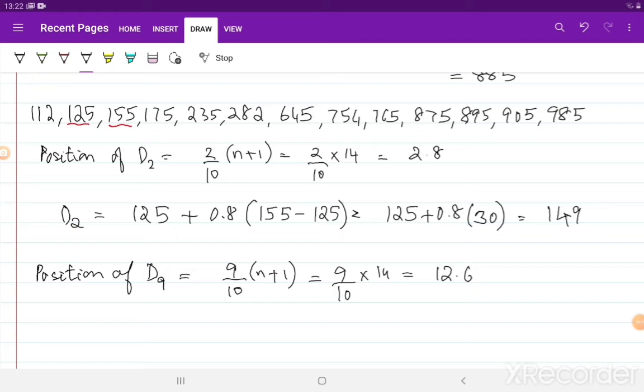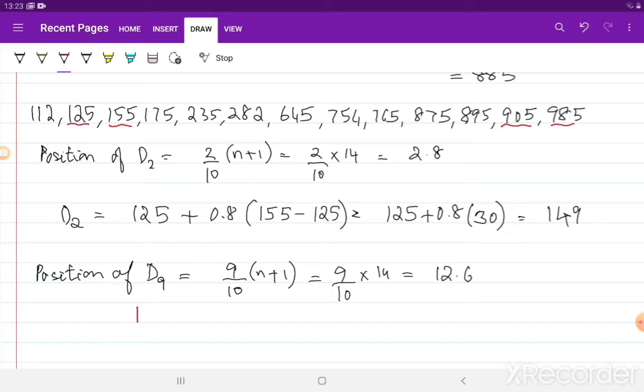So, the 12.6th element or value is my D9. Let us see. 905 is your 12th value and 985 is the 13th value. My D9 is somewhere in between 905 and 985.